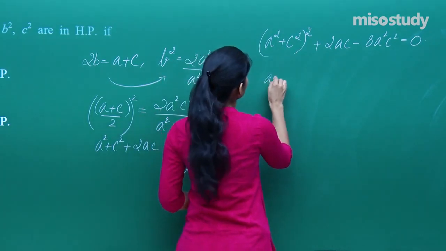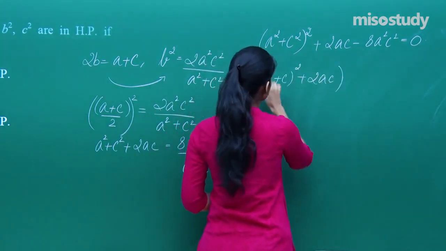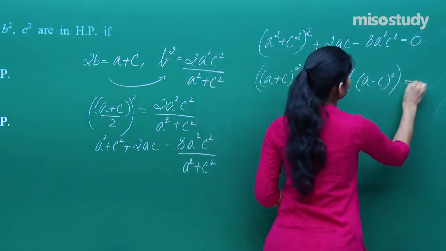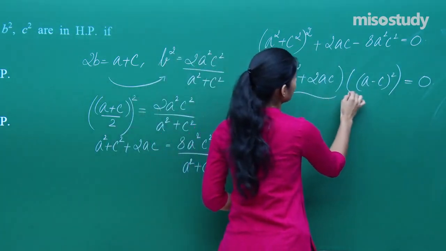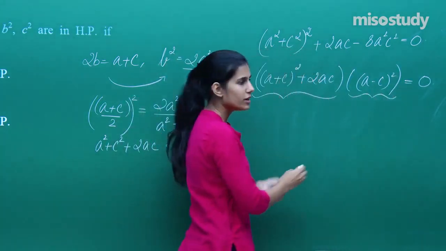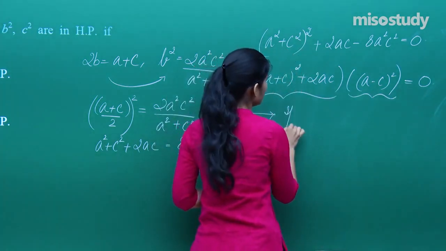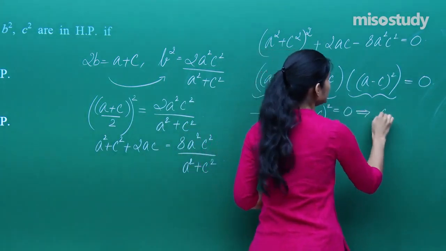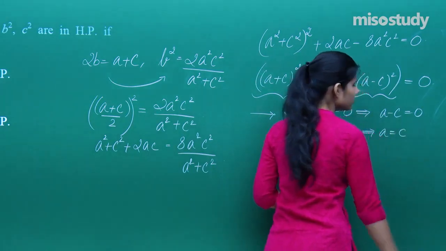So, you basically land yourself at the step ((a plus c) whole square plus 2ac) multiplied by (a minus c) whole square equals 0. So, either this is 0 or this is 0, only then this product can be 0. So, if (a minus c) whole square is 0, this means a minus c is 0, which means a equals c.